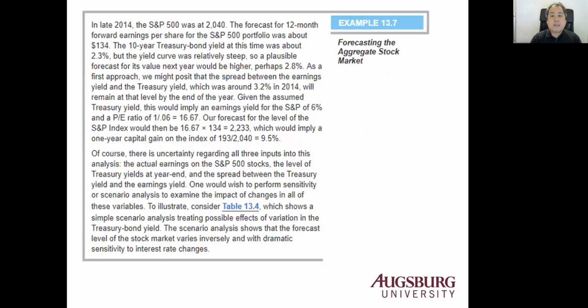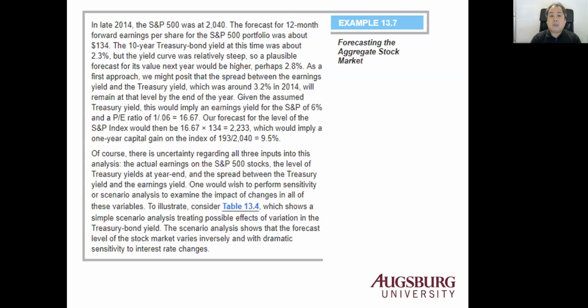So, forecasting the aggregate stock market, example 30.7, just to read down. In late 2014, the S&P 500 was at 22,040. The forecast for 12-month forward earnings per share for the S&P 500 portfolio is about $134. So that's the estimated earnings per share.